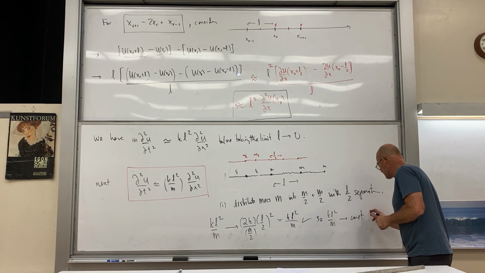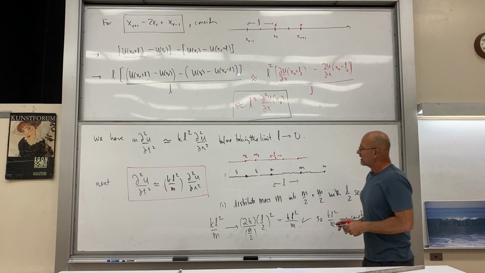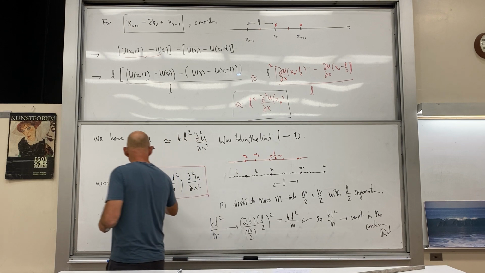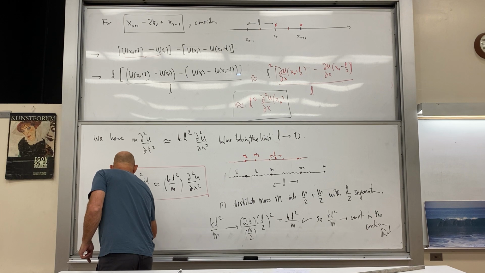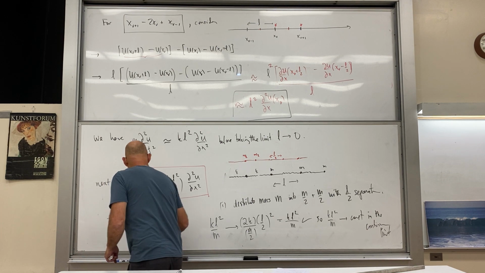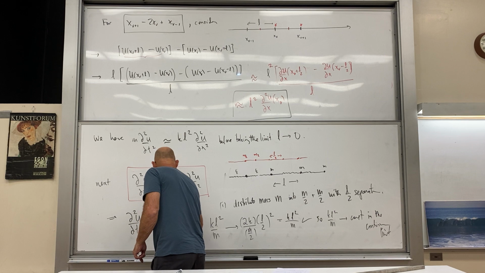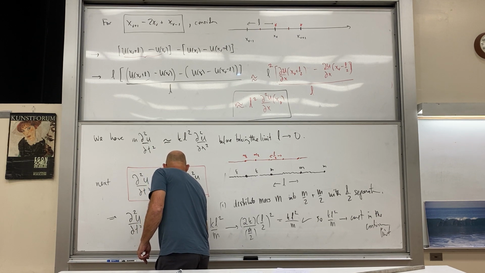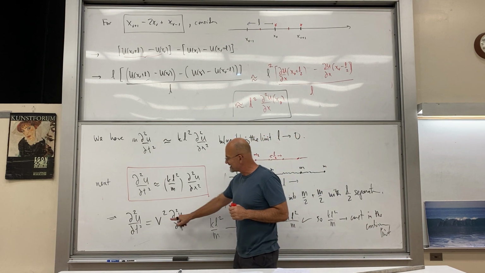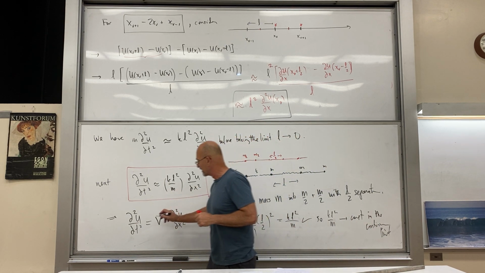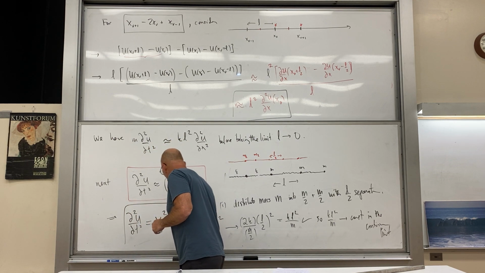As we do the continuum limit, we can get rid of the approximate sign here, and we can write partial d squared u dt squared equals v squared d squared u dx squared. And a little dimensional analysis shows that this actually is a speed squared. Okay. And what we have there is the wave equation.